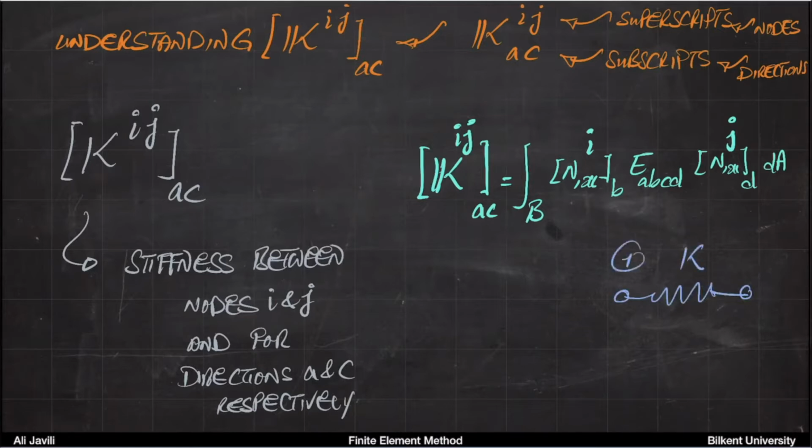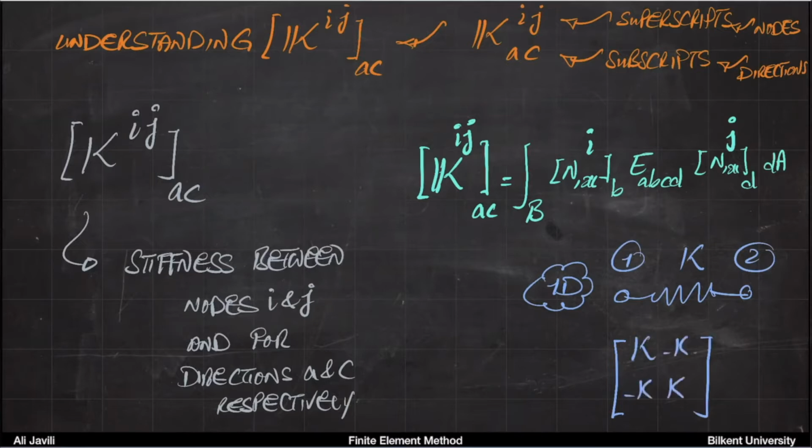And if this is node 1 and this is node 2, and also imagine this is a one-dimensional problem, the stiffness matrix of this element was k, minus k, minus k, k. Okay, so this was the way that the stiffness of this was defined.